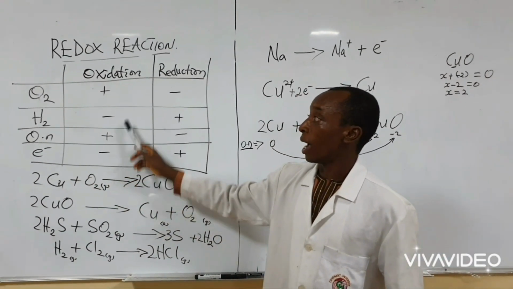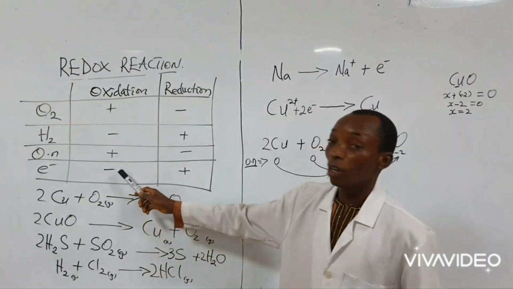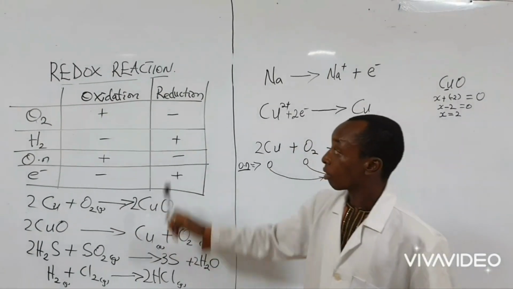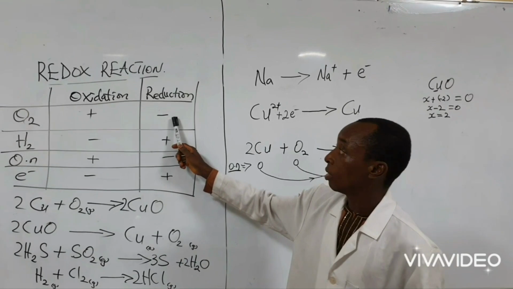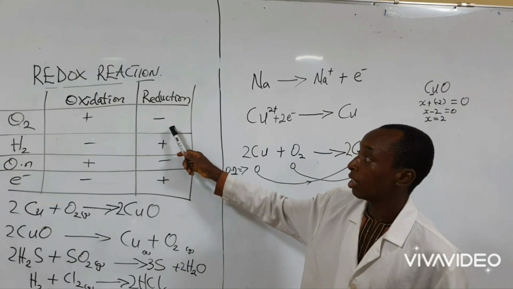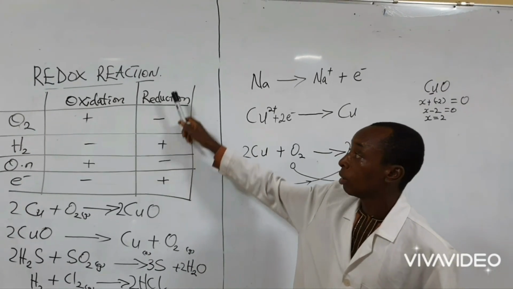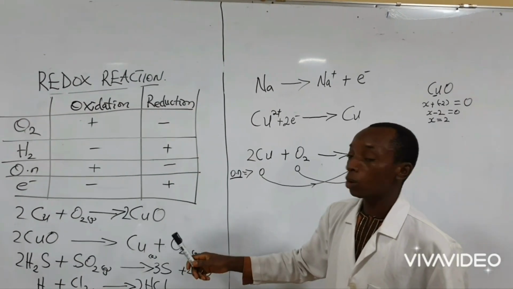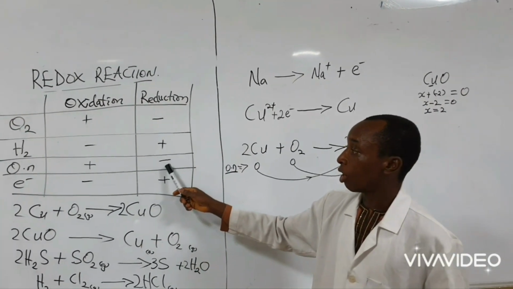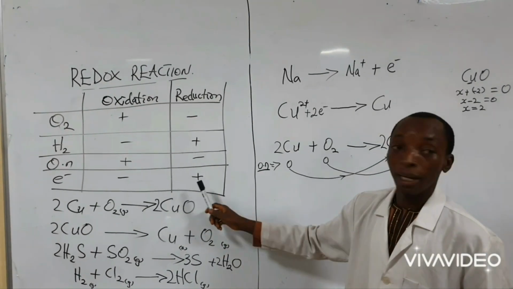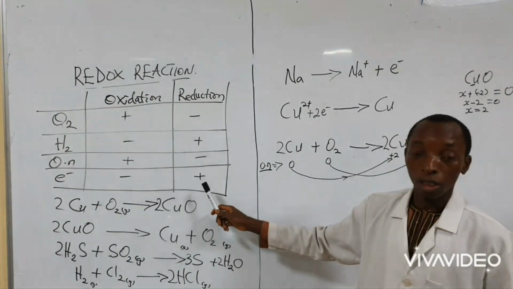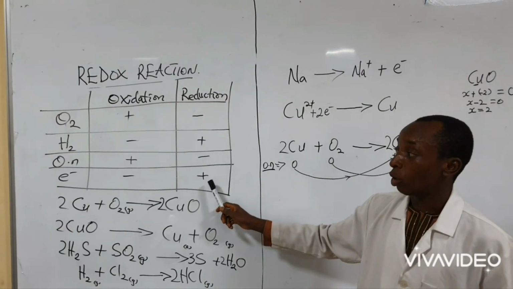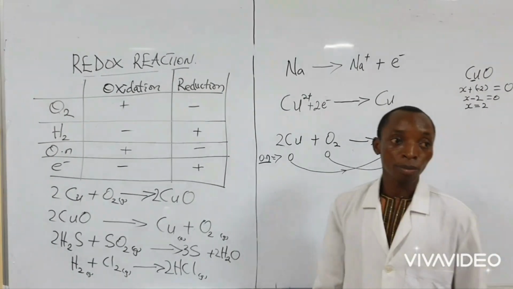Increase in oxidation number is oxidation, and loss of electron is oxidation. Coming to reduction, reduction is the decrease in or removal of oxygen from a substance, addition of hydrogen to a substance, decrease in oxidation state, and gain of electron is reduction.